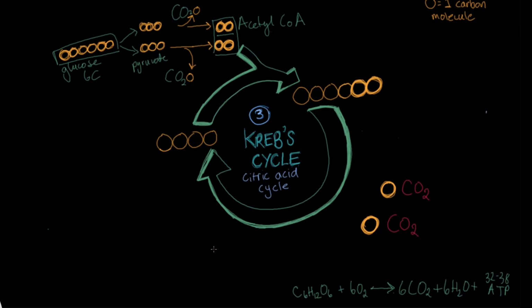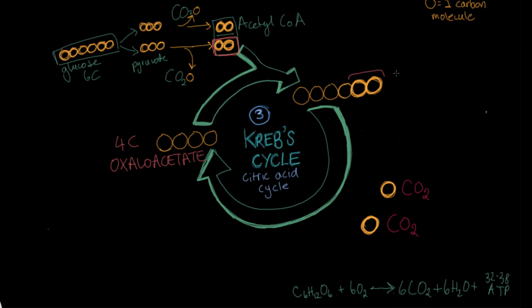That also uses a cycle. So what we're going to do in this cycle is we're going to start with a 4-carbon molecule of oxaloacetate. This is a biological molecule. And we're going to take 1 of these acetyl-CoA molecules that came originally from our glucose, then to pyruvate, oxidized into acetyl-CoA, and we're going to add those here onto our oxaloacetate molecule.